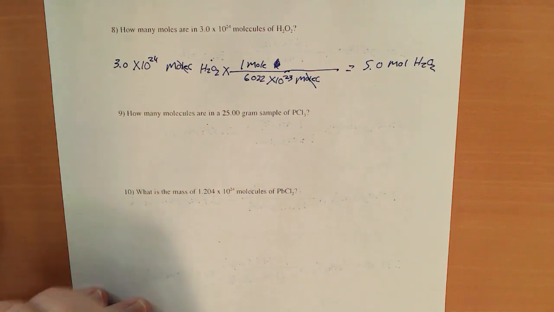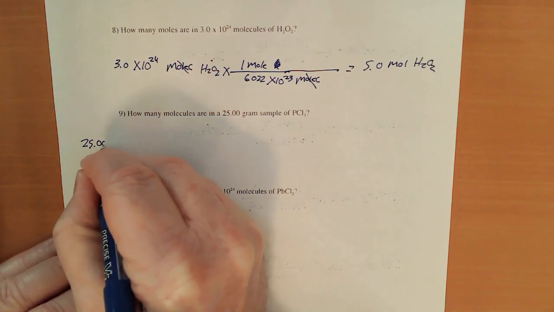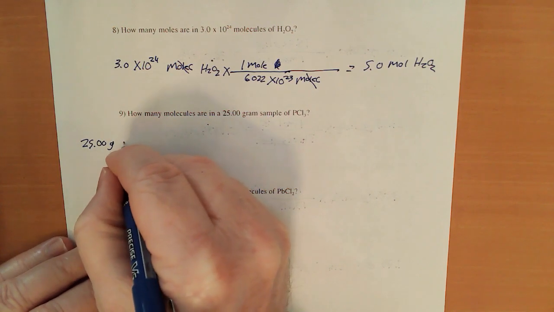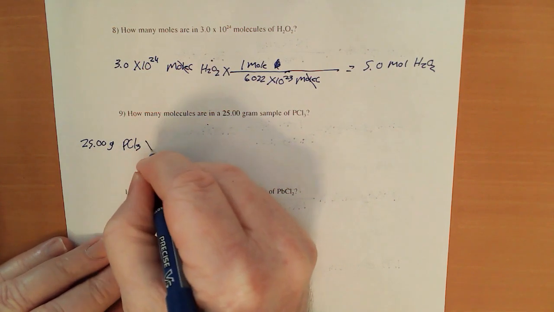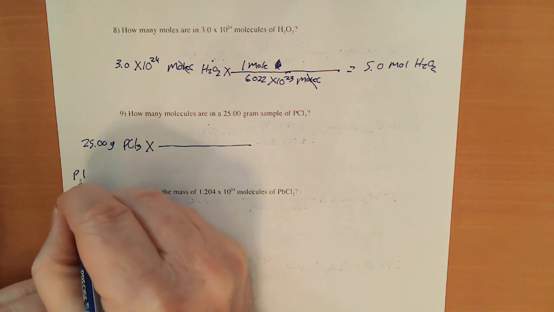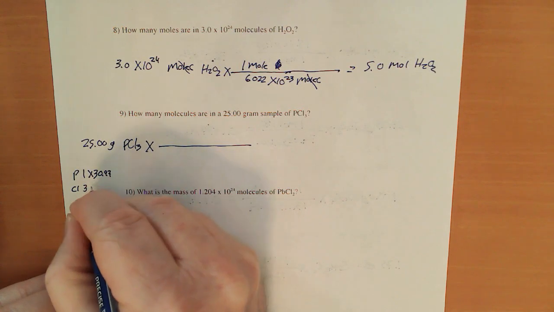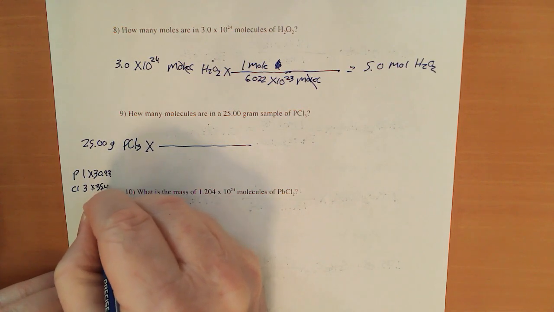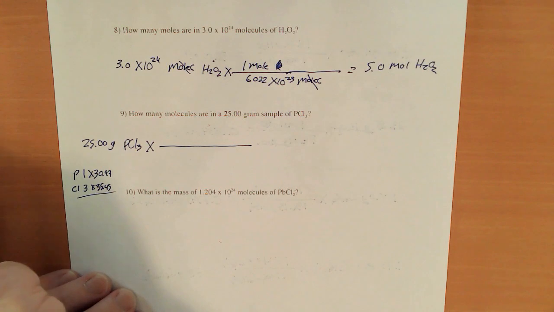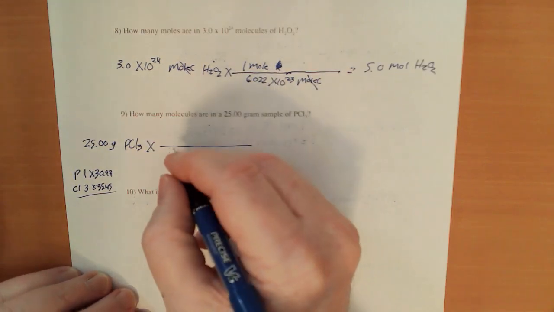Okay. Now we're going to go to some two-step versions. 25.00 grams of PCl3 times. I'm going to have to add that up. 30.97 plus 3 times 35.45, and I'm getting 137.32.